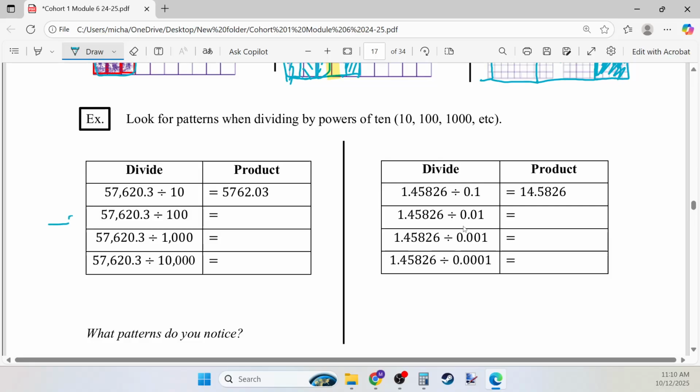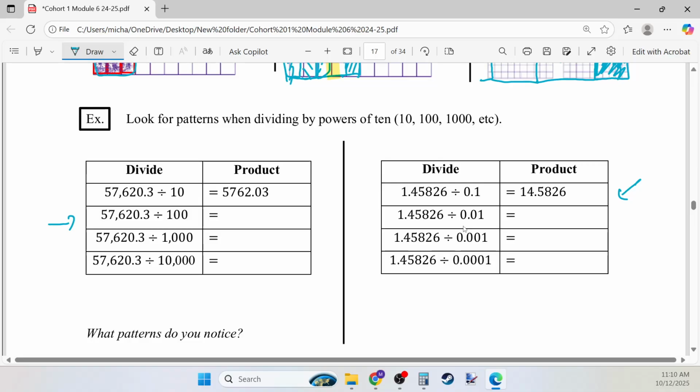This chart here is analogous to the one we did for multiplication. Instead of multiplying by tens, we're dividing by tens, and we notice that multiplying by 10 and dividing by 10 move the decimal point in opposite directions. Multiplying by a tenth or a hundredth moves the dot in the opposite direction as dividing by a tenth or a hundredth.